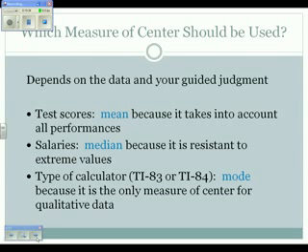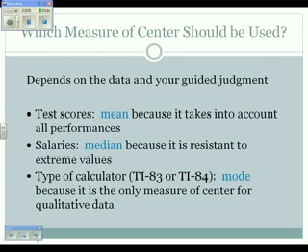And then if you did types of calculators, so if we surveyed the class and said, what type of calculator do you have? An 83, an 84. I think one student even has an 89. So if we took all of that information, we wouldn't want to average those because there's not an 83 and a half calculator, right? And plus, the 83 is not necessarily less than the 84, in my opinion.